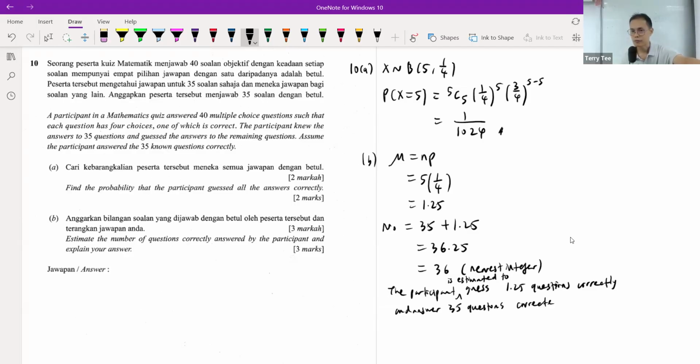So when you answer 35 questions correctly and you guess 1.25 questions correctly, your total is 36.25. But we take the nearest integer, that would be 36. Okay, quite simple.